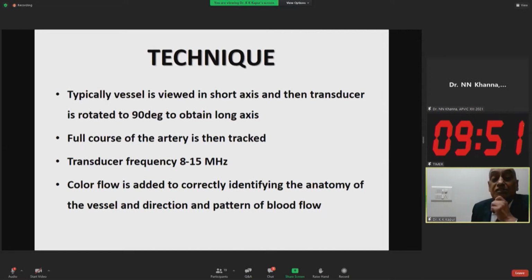Now, how is it done? Typically, the vessel is viewed in short axis with a linear transducer of a frequency of 8 to 15 megahertz. Then after the short axis, we go to the long axis by rotating the transducer 90 degrees. And then we add the color flow, and then we can track the artery.